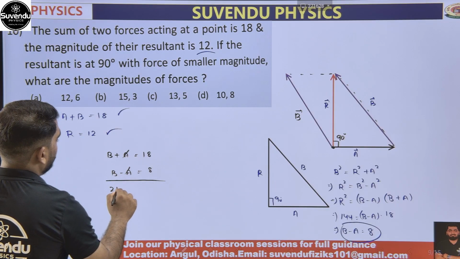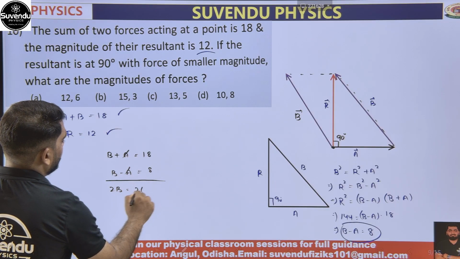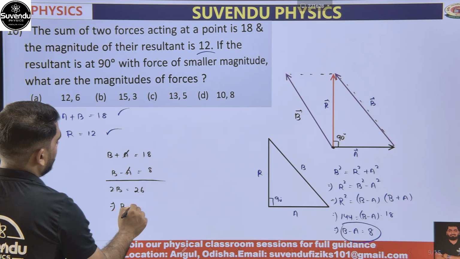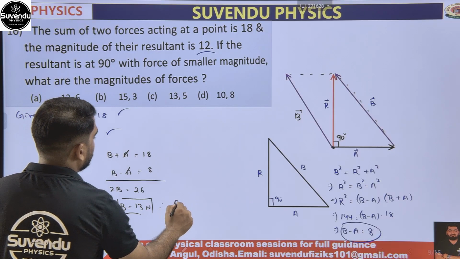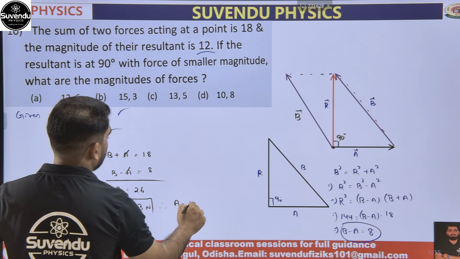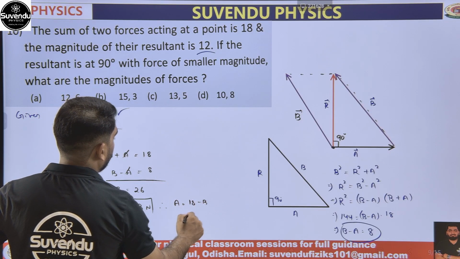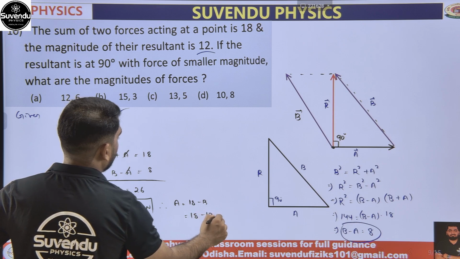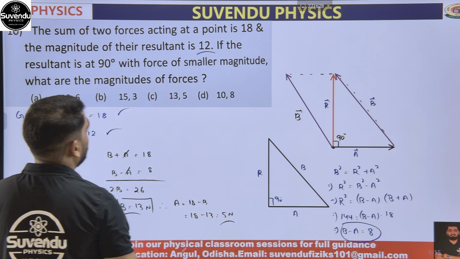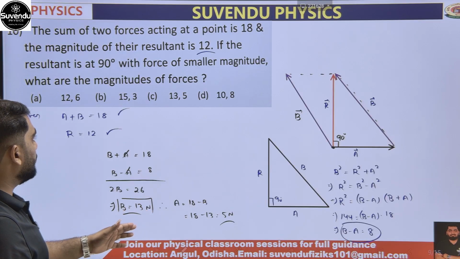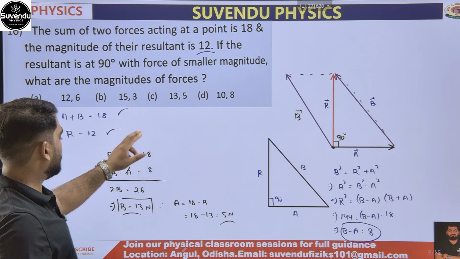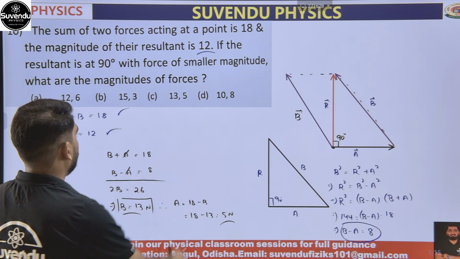Adding, 2b is equal to 26, so b is equal to 13 newton. Clear? Thus a is 18 minus b, so 18 minus 13 that is 5 newton. So what are the magnitudes of the two forces? One is 13 and the other is 5 newton. This is the answer.